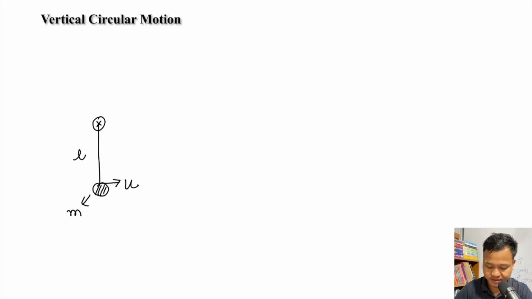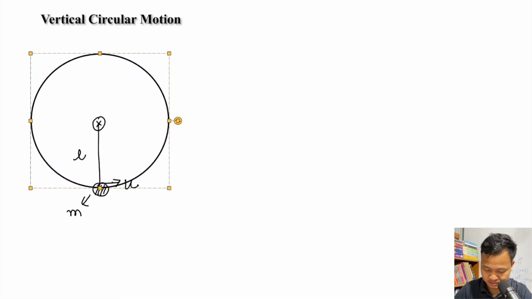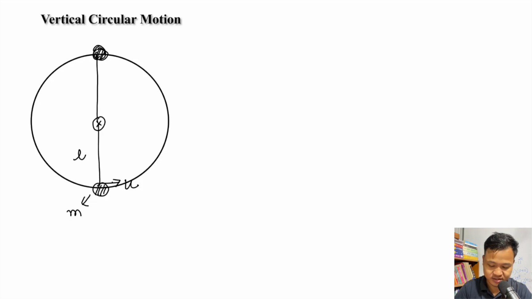Let's assume that the object goes full circle. I'll try to draw a circle here. Let's say this is the path. At the topmost point, if you look at this object, you will have a tension here.